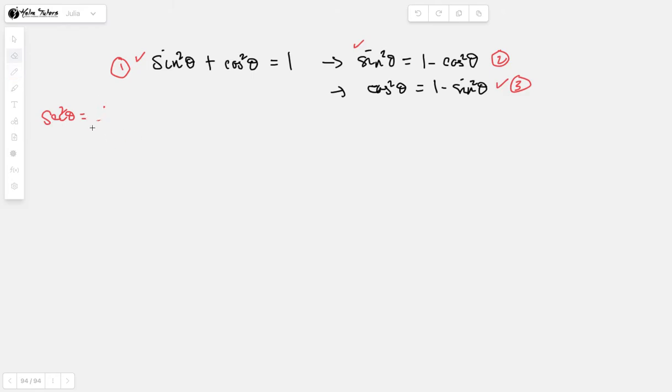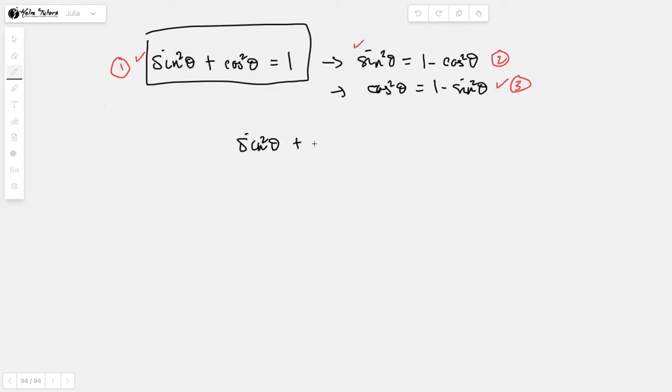So if you want the identity for secant squared, which is 1 over cosine squared, first write down sine squared theta plus cosine squared theta equals 1.